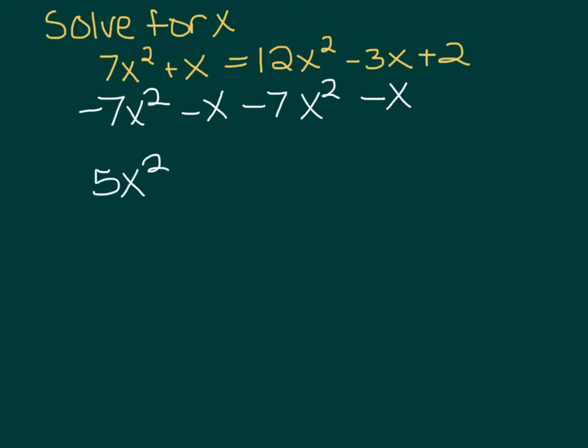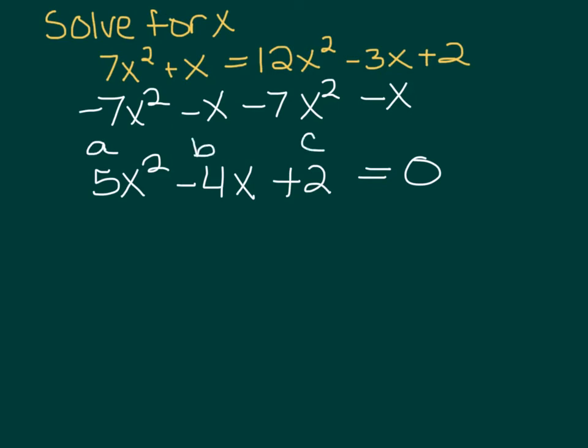Don't mind my dog in the background there. And then we have minus 4x, and then we have plus 2 equals 0. So now a is 5, b is negative 4, and c is 2.